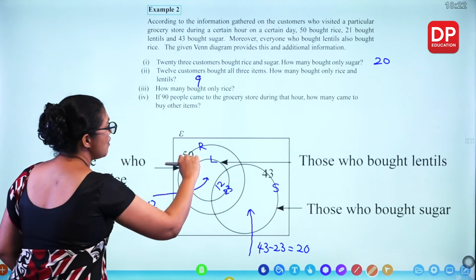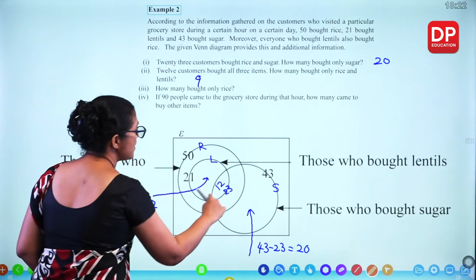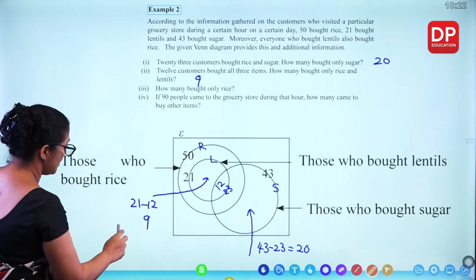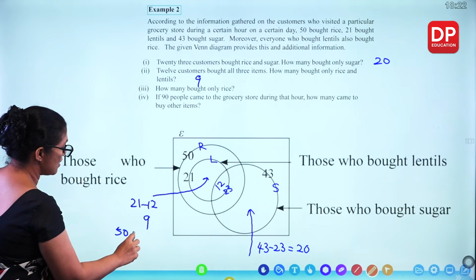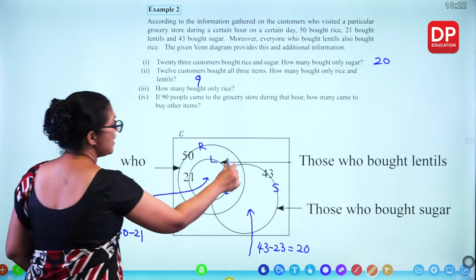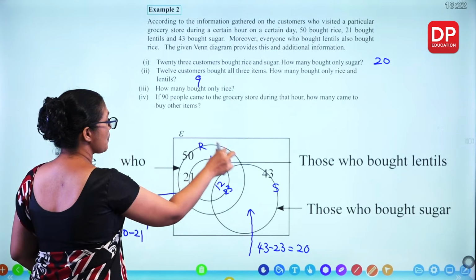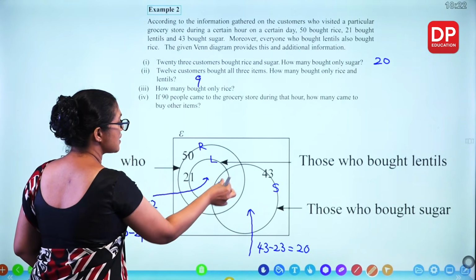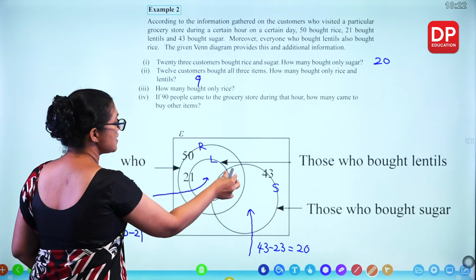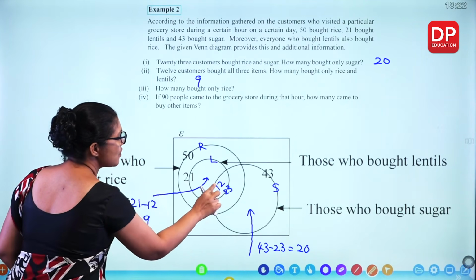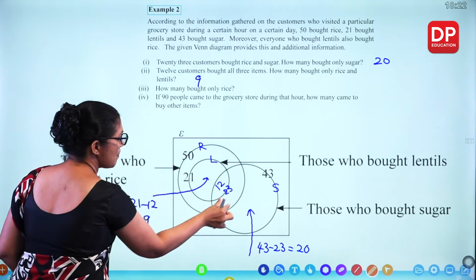So here 50 minus 21, you are getting the full part. 50 minus 21. Then you have to subtract this part. This part is, what's that? 23 minus 12 is this part.